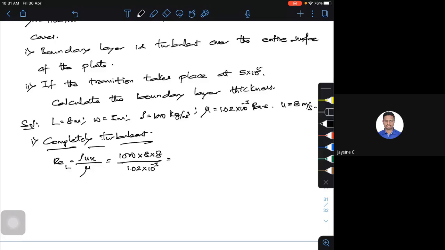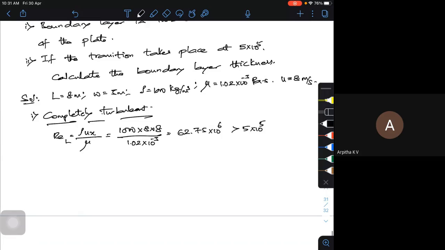It is 62.75 × 10 to the power of 6, which is much greater than the threshold number of 5 × 10 to the power of 5 already given. So for this, what is the delta? Delta is given by 0.37x divided by Re to the power of 1 by 5.